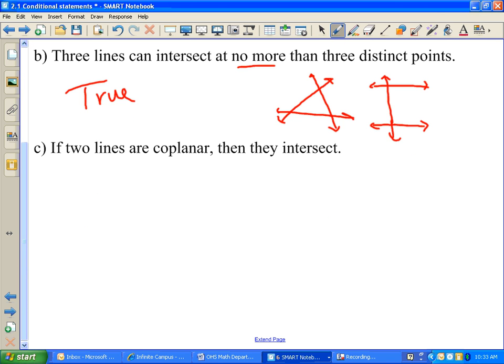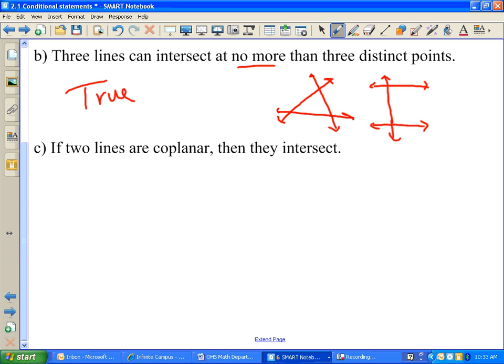All right? If 2 lines are coplanar on the same plane, then they intersect. True or false? False. You said true. If somebody says false, show me how you can make that false. Okay, so everybody says it's true because they don't want to come up with a way to make it false.